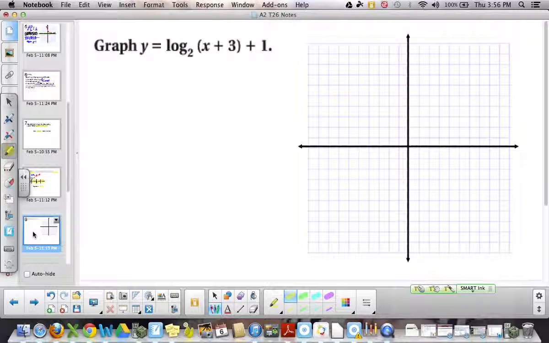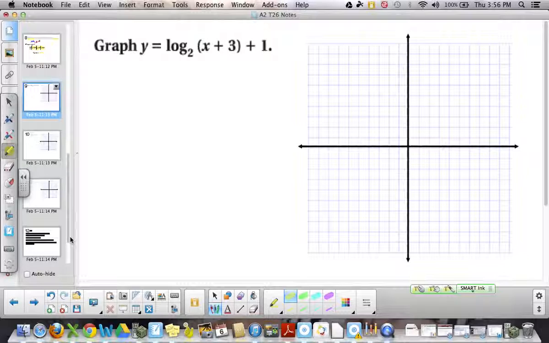If we get into some examples, the first one we have is y equals log base 2 of x plus 3, plus 1. You want to identify your values of b, h, and k. Notice that when we do logarithms, a is almost always equal to 1, so we don't really think about what a is.